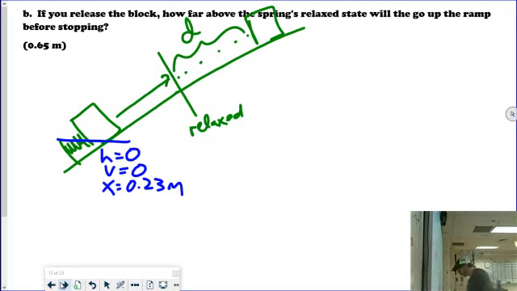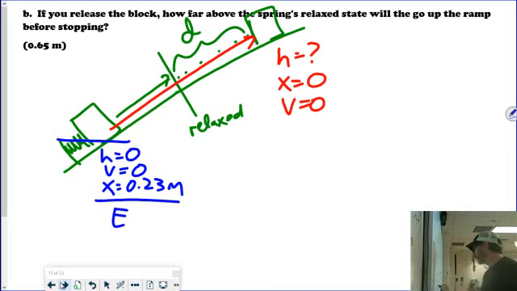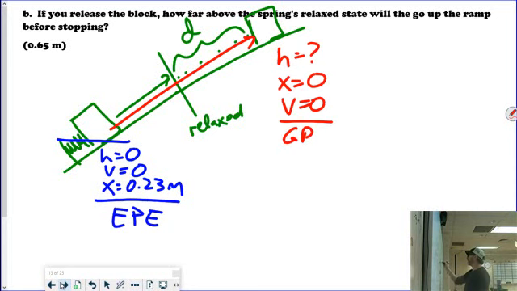Then ka-chunk, it goes up here. Now when it gets up here, we're going to have some height. The spring is no longer squished, and it stops again, right? So what that means is, at this starting point, I've got just elastic potential energy, and at my ending point over here, I'm going to just have GPE, right?